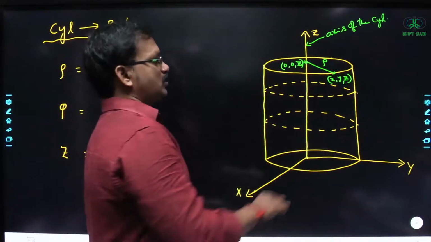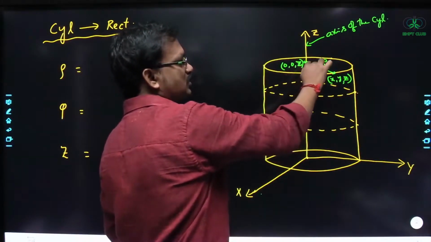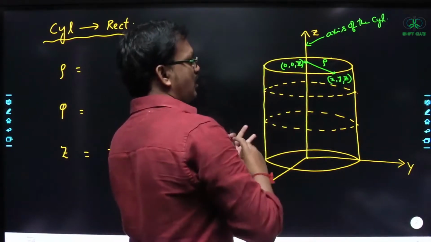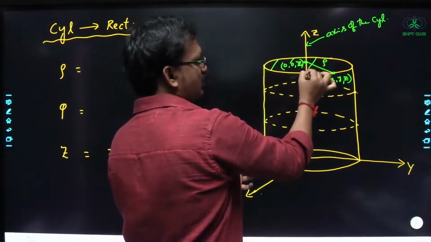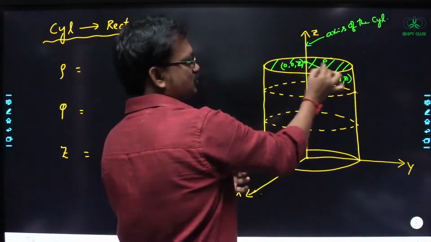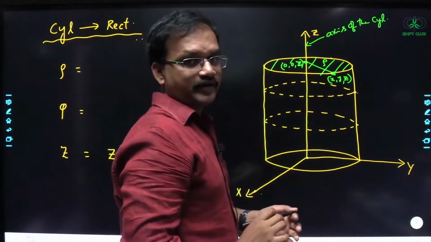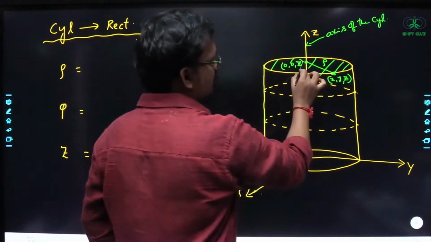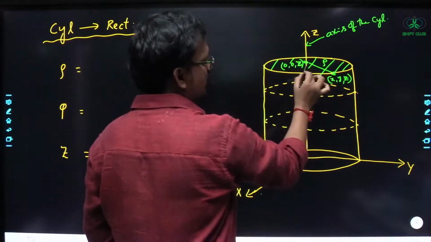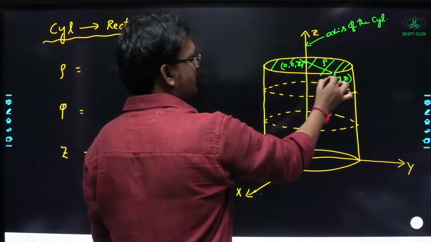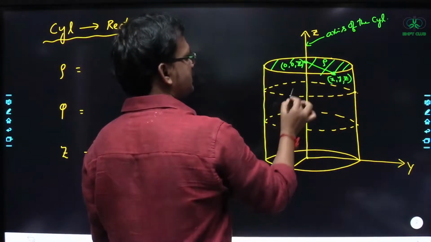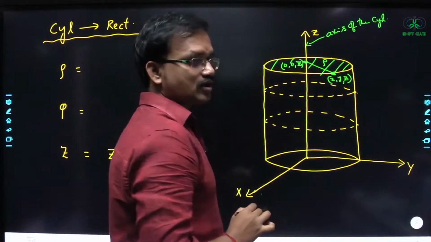These 2 points, 0, 0, z and x, y, z, are lying in this plane only. So the z value is not going to change as you move from here to here. This point is x comma y comma z, and this point is 0 comma 0 comma z.